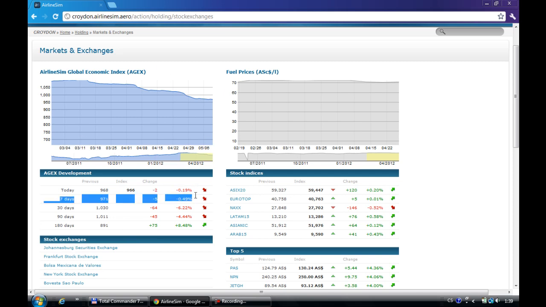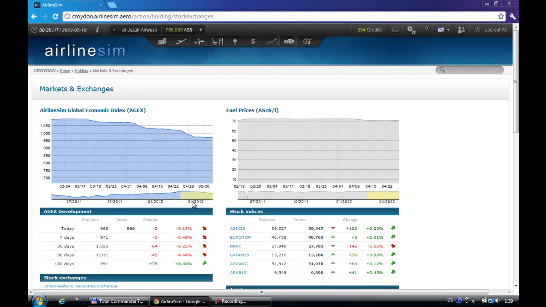If you can see, the difference in 7 days is 0.5% roughly, so it's not such a difference. However, as I said, in the really heavy demand routes where there's a lot of competition, this can make a difference.